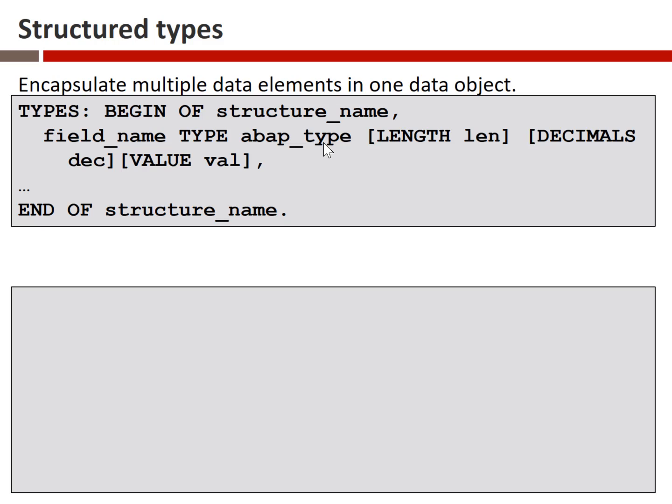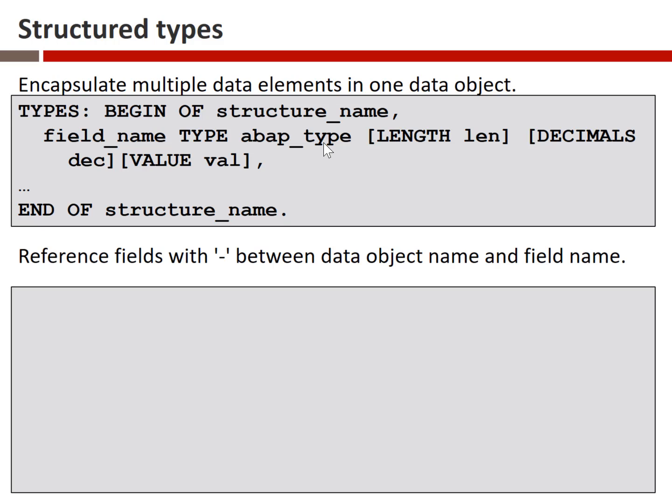And then I put a comma, and however many fields there are going to be, I just continue with these field name lines, okay? And then when I'm done, I have the statement end of the name of my structure, which corresponds to what was up here on the first line, followed by a period. So this now gives me an ability to create a single data object that has multiple fields in it.